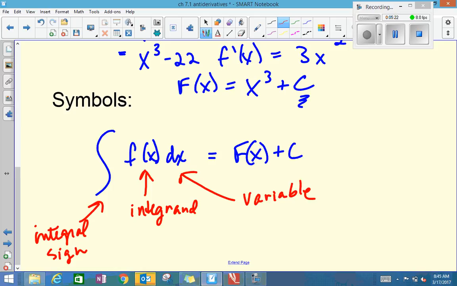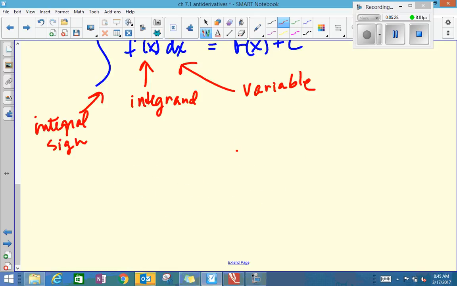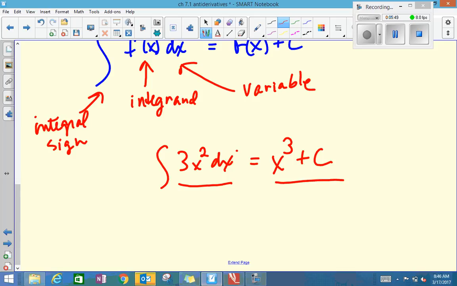So if we wanted to put the first example in proper notation, it would say the antiderivative of 3x squared dx equals x to the third plus c. So this is basically saying that 3x squared dx would be the derivative of x to the third plus c.